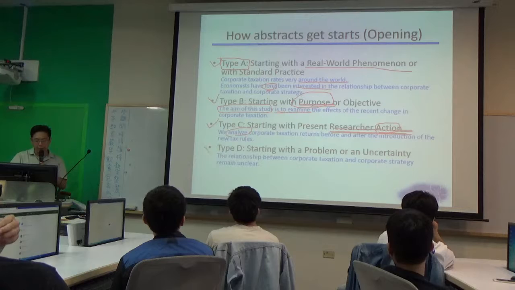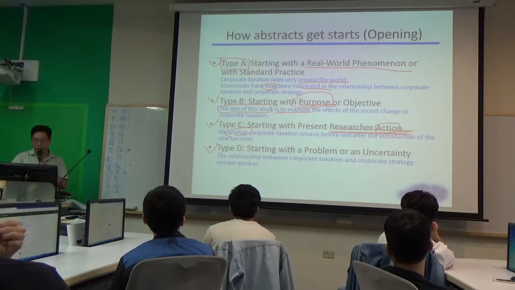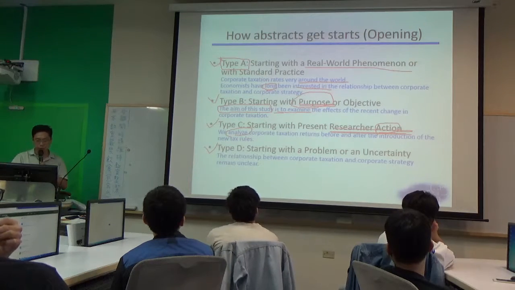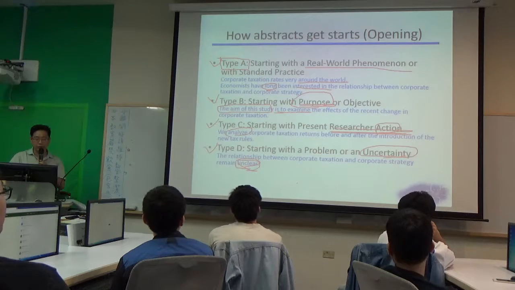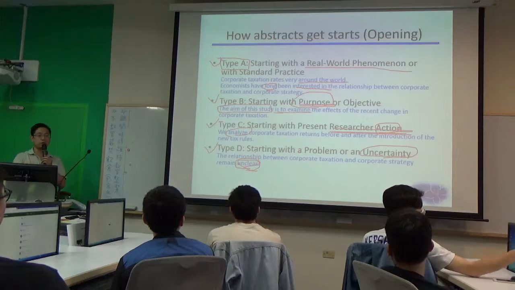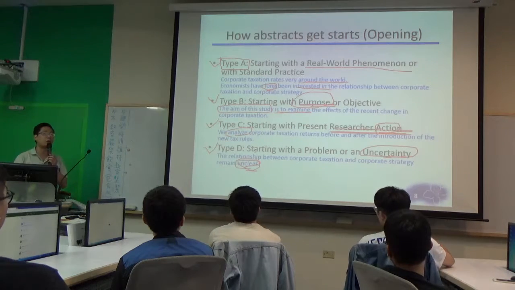Okay, for type D, starting with the problem or uncertainty. So we are talking about a problem: the relationship between corporate taxes and corporate strategy remains unclear. Something uncertain, unclear. So I think I seldom see this type in our field.